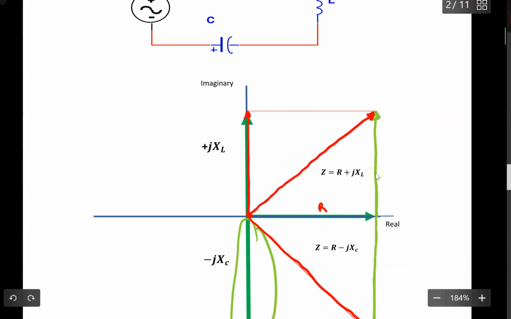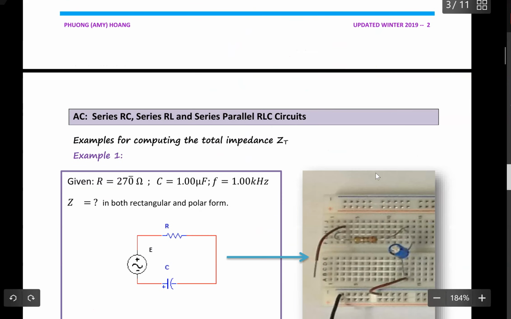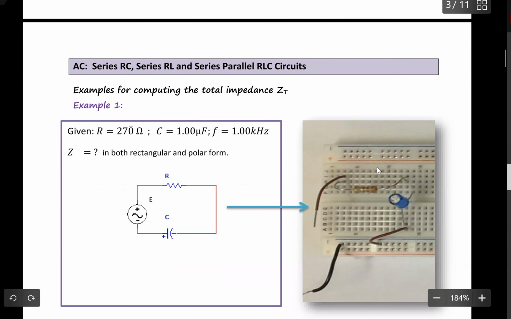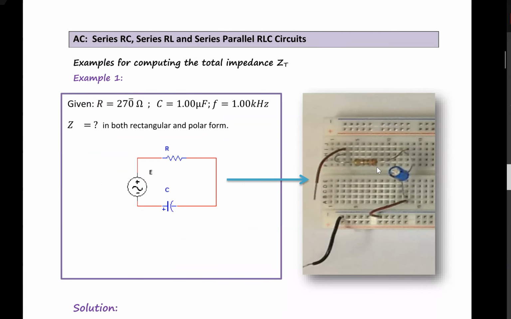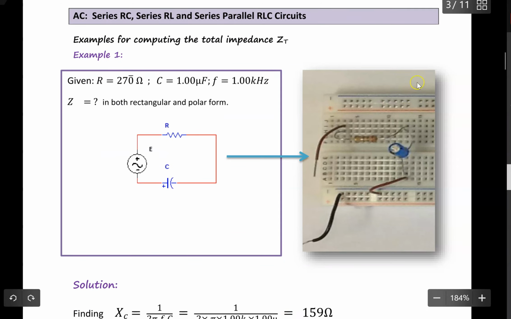Alright, so let's work with an example. Okay, in this example, I have an image of the circuit that I connected, presented with the resistor and the capacitor right on the breadboard. You see that I have a resistor connected in series with the capacitor.